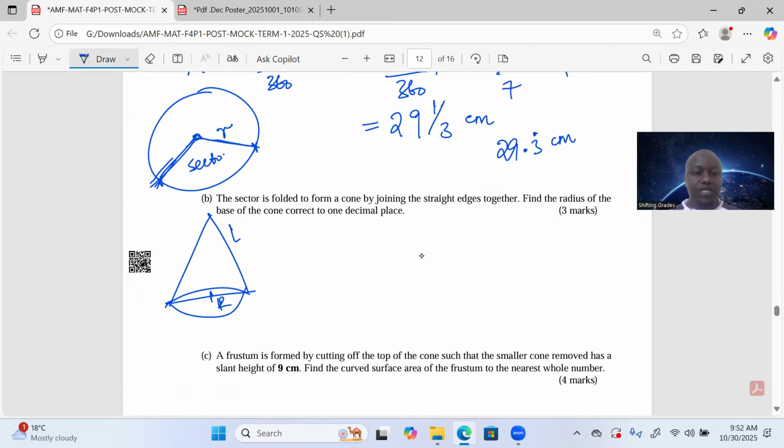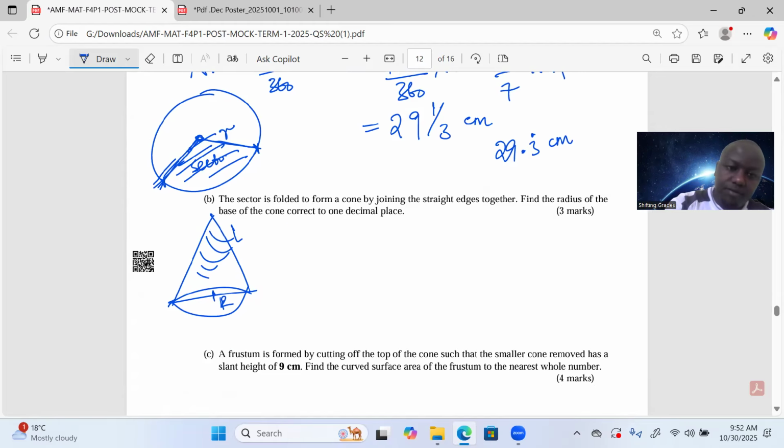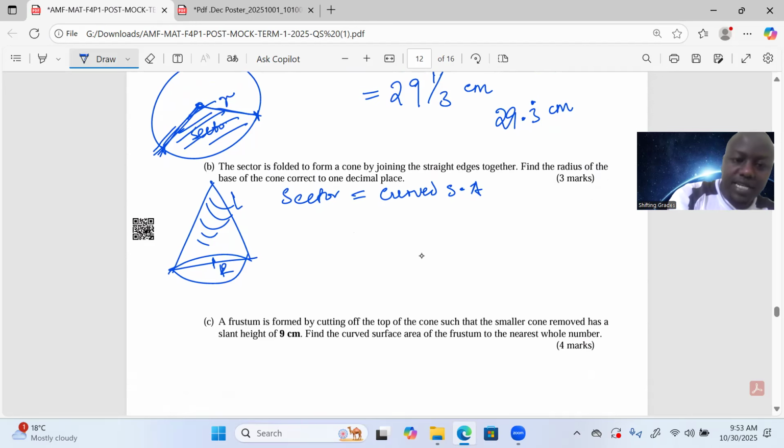One thing that we're supposed to know is that the area of the sector now becomes the curved surface of this cone. So this surface, which was a sector, now becomes the curved area of the cone. And we know that. So we are saying that sector equals curved surface area, meaning that area of the sector, which was theta over 360 pi r squared, with a radius of 14.